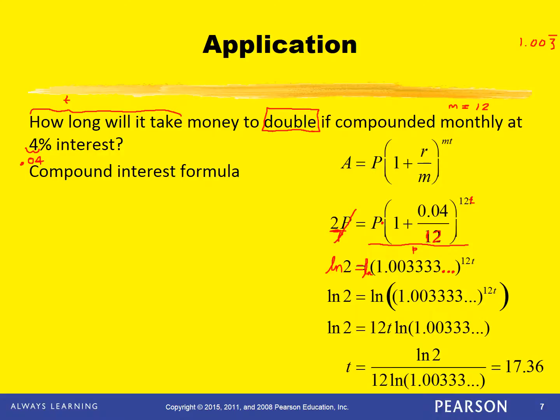We are able to take that exponent of the argument of the logarithm, 12t, and throw that thing down front as a cofactor of the logarithm. 12t times the logarithm. And so now it's a linear equation. A number equals a number times the variable t times a number. Okay? And so it's a linear equation.